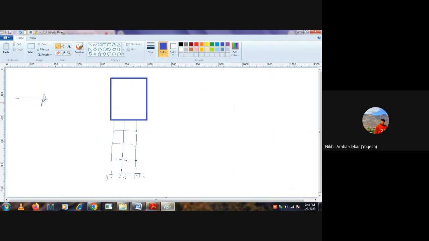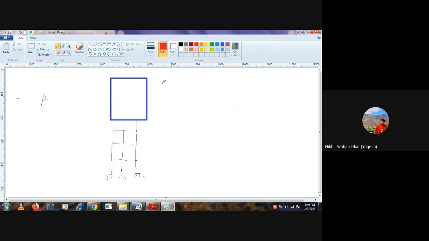Suppose the earthquake force acts from left side to right side. This tank will be subjected to this force. It will resist some force, and based on that it will have some deflection, correct? I try to draw it on an exaggerated scale, just for your understanding.